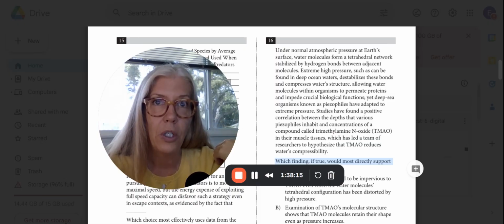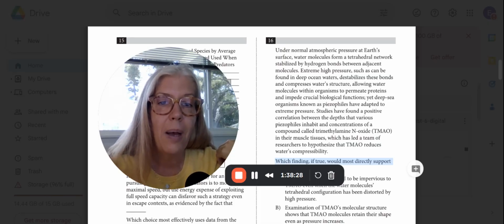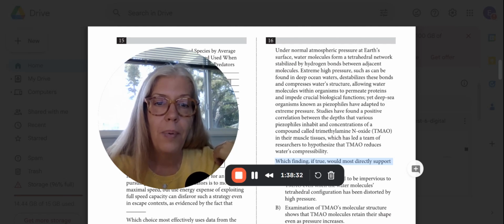Yet, deep sea organisms known as piezophiles, I was just trying to figure out how to say that, have adapted to extreme pressure. Studies have found a positive correlation between the depths that various piezophiles inhabit and concentrations of a compound called TMAO in their muscle tissues.